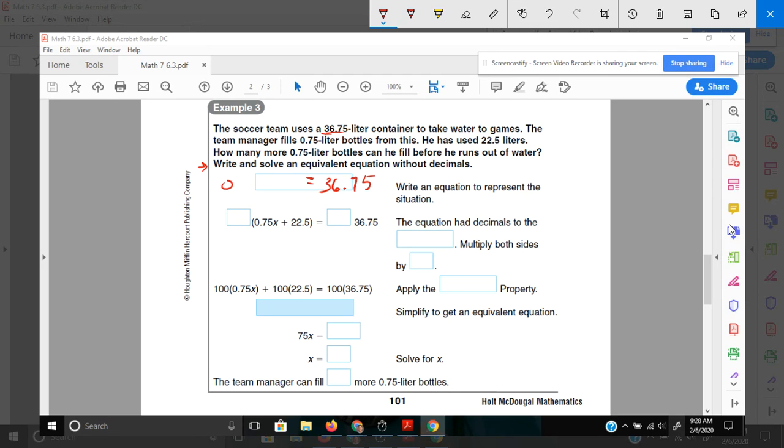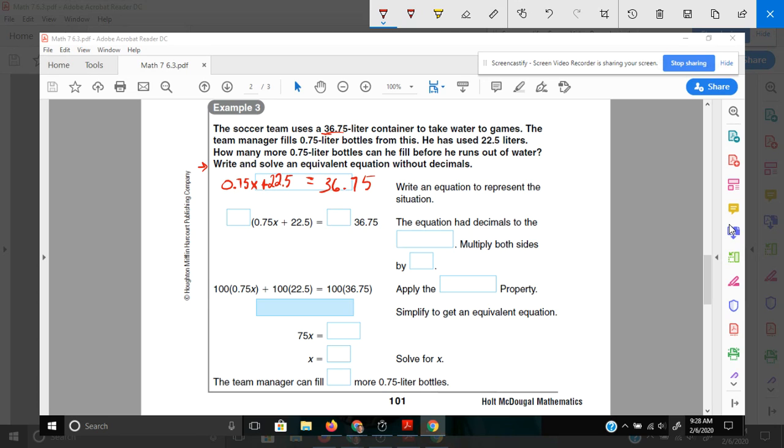So I'm going to say 0.75 times each bottle, so 0.75 times x, plus I've already used 22.5. Okay, each bottle plus the amount I've already used equals, in the end, I have a total of 36.75.